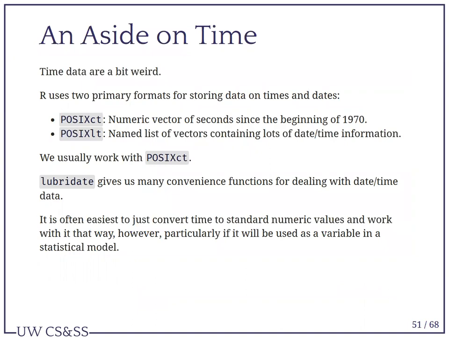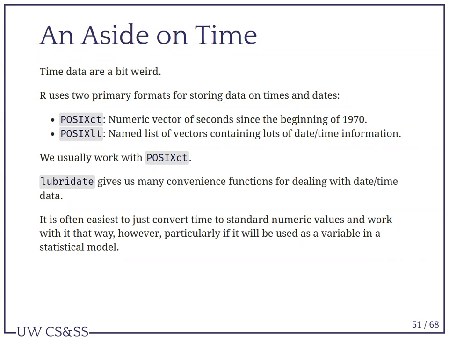So an aside on time. Time data are a bit weird, as we've been talking about just now. R uses two primary formats for storing data on times and dates. First, there's POSIXct. This is a numeric vector of seconds since the beginning of 1970, and this is the way that it calculates all of the math for those particular objects.